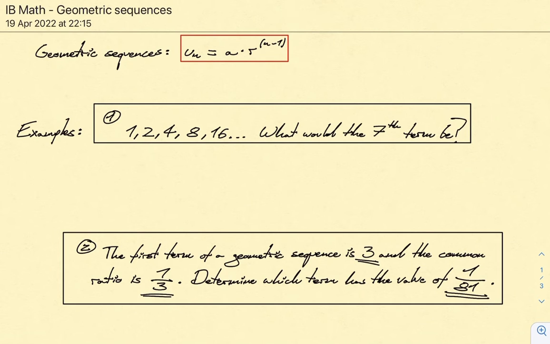So for this first example, from 1 to 2, from 2 to 4, from 4 to 8, and from 8 to 16, the values are always multiplied by 2. This is the only difference between geometric and arithmetic sequences. One of them is adding, the other one is multiplying.